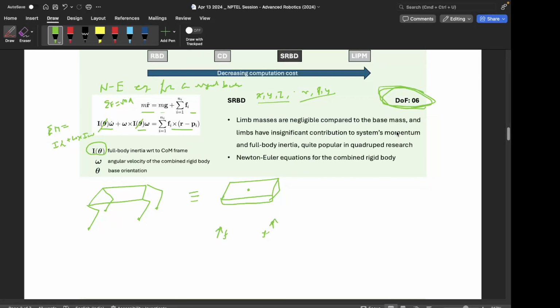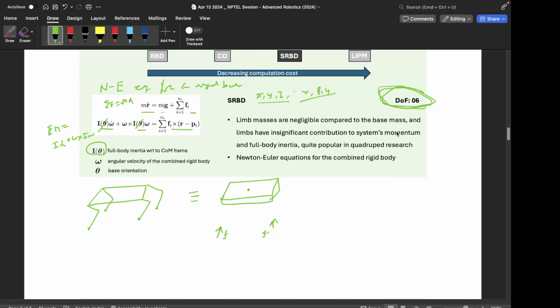But this model has been very widely used, especially in quadruped robot literature, and with great results. It reduces the computational complexity quite a lot, but still keeps all the degrees of freedom of the base and allows us to generate a wide variety of motions.